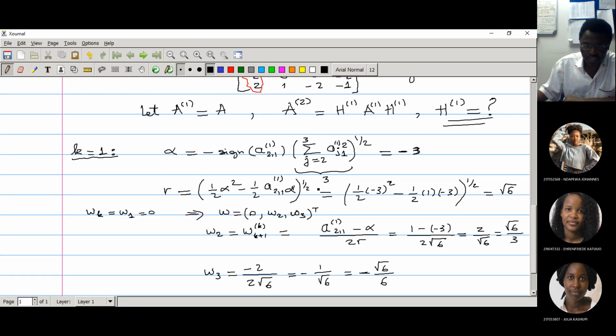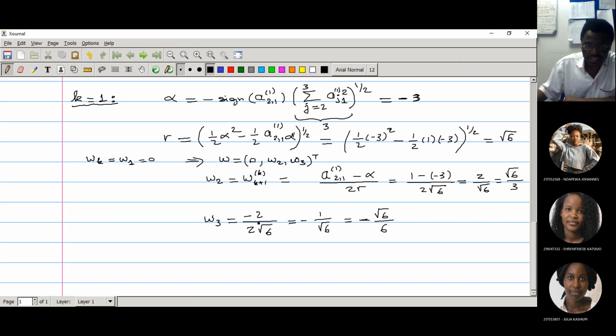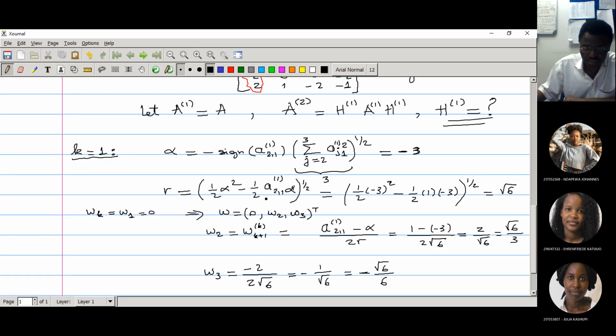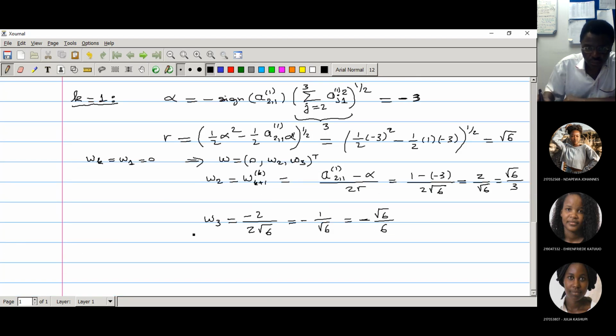It's a 4 by 4 matrix. So the next one, we will take the element below this entry, which will be 2. Similarly, for W4 you just take that entry below, which is 2, by 2 square root of 6. And that gives us 1 by square root of 6, which is equal to square root of 6 by 6.